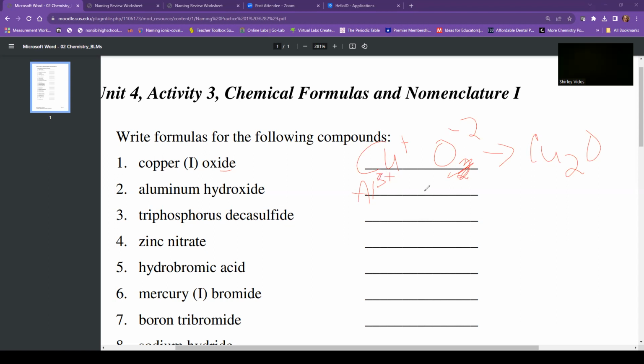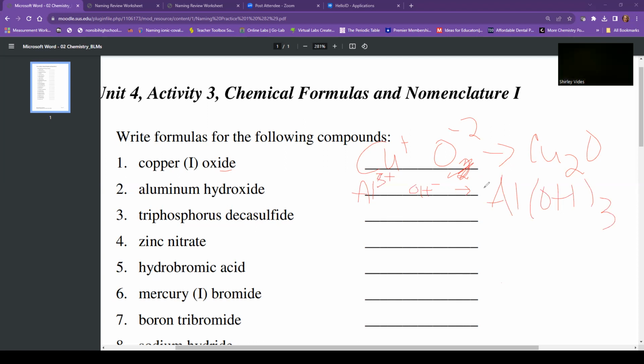Okay, so aluminum 3 plus, and hydroxide is just OH negative, right? So we know that. Therefore, we crisscross and we get Al(OH)3.